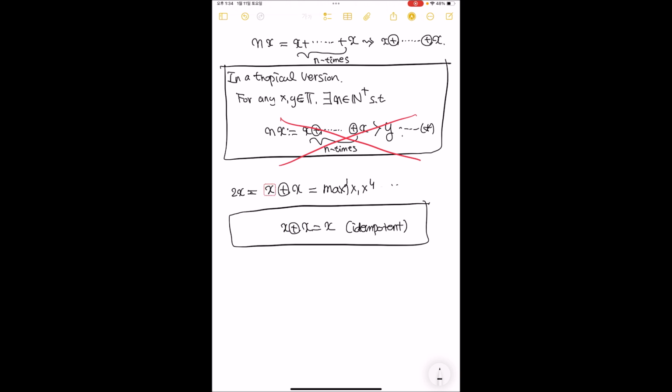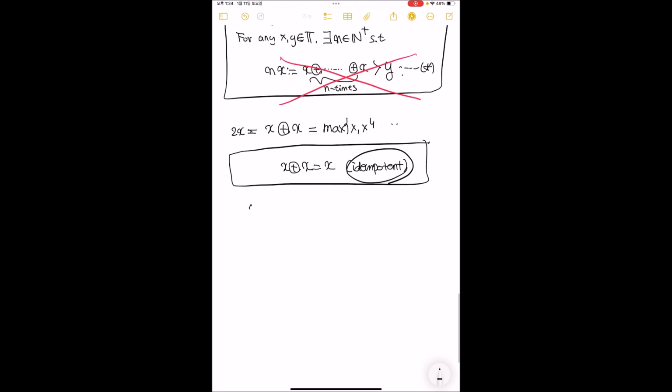So the tropical summation has a nice, but not nice, particular property, idempotent, which means that when we take n times of summation, let's first see 3 times of the summation.